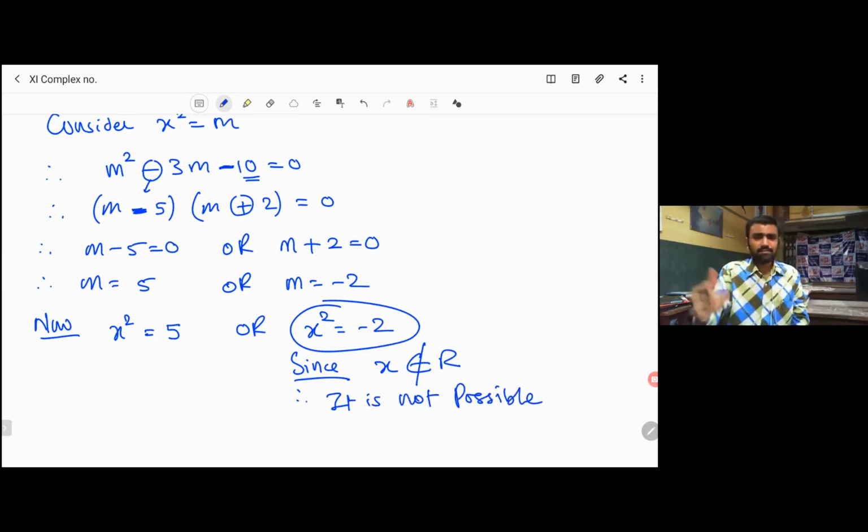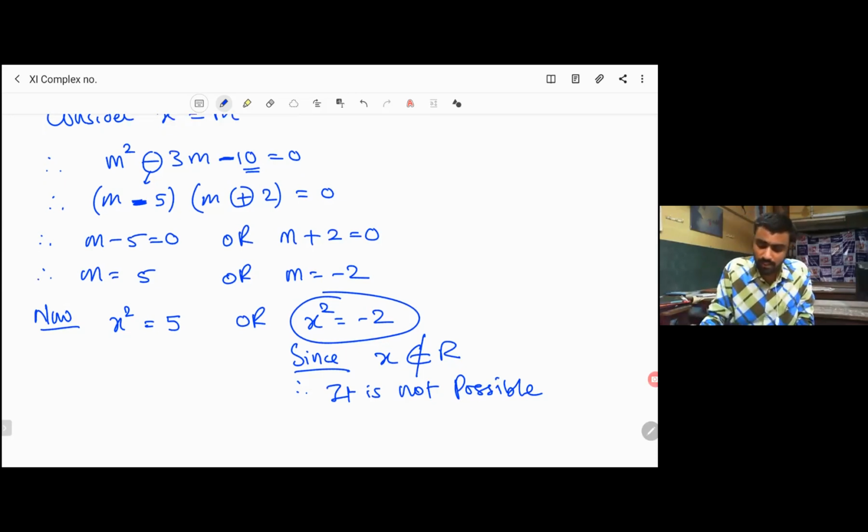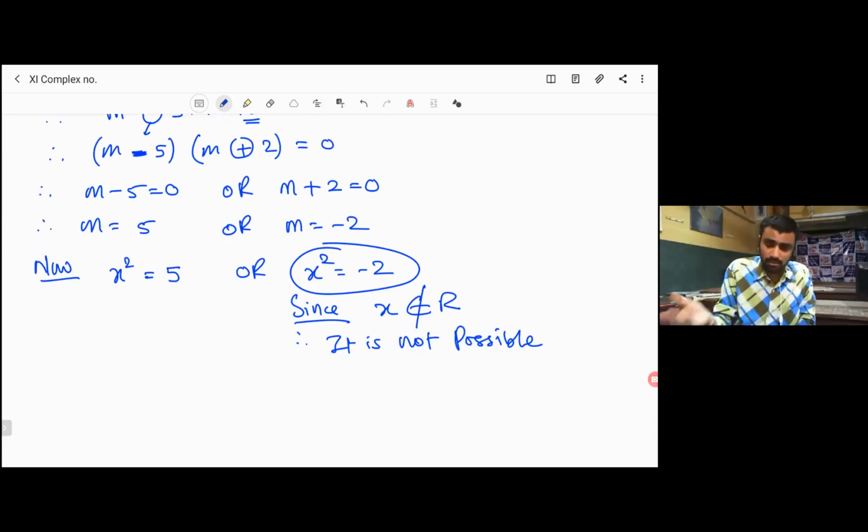Or you may mention that it is an imaginary number. The value will come imaginary, therefore we reject this. We can also write we reject this or it is not possible.